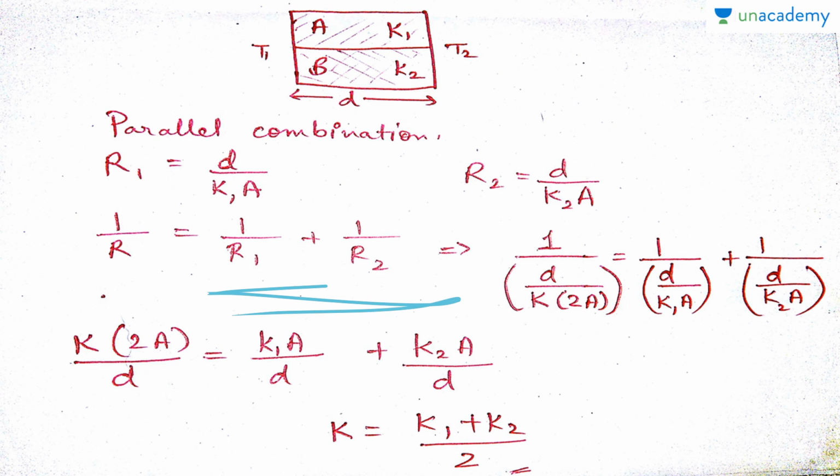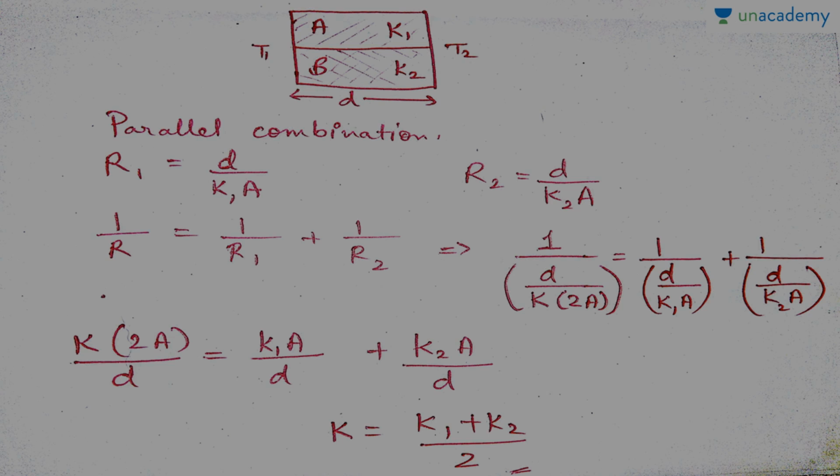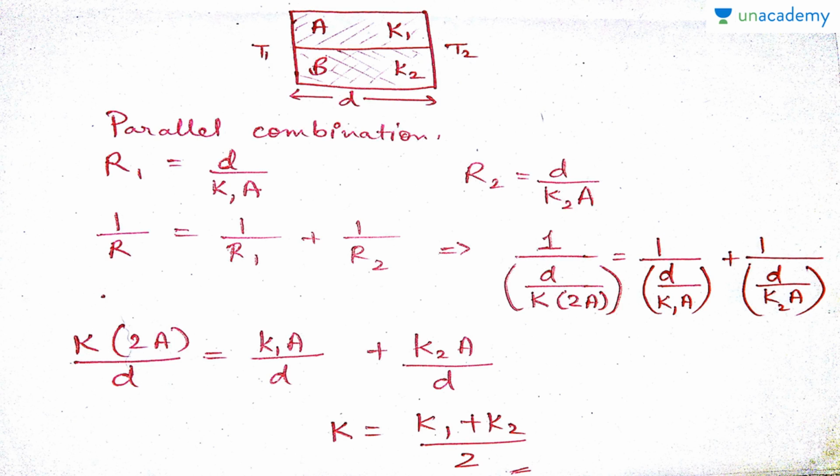So when the rods are combined, their net equivalent area will be 2A, and K is the equivalent thermal conductivity. So we are going to put the value of area as 2A when they are combined. So 1 upon d upon K 2A is equal to 1 upon d upon K1A plus 1 upon d upon K2A.